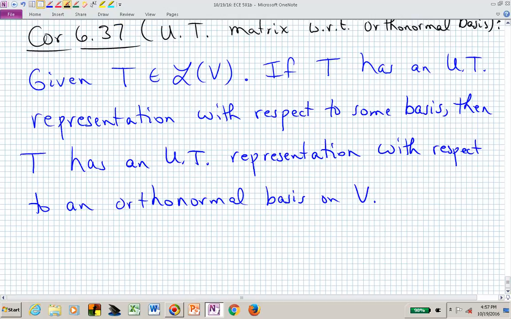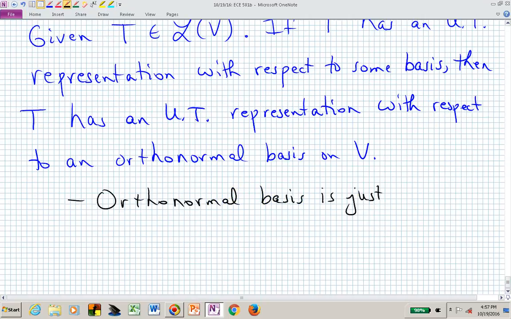Where this orthonormal basis we can build using Gram-Schmidt. The orthonormal basis is just the application of the Gram-Schmidt process on the original basis.